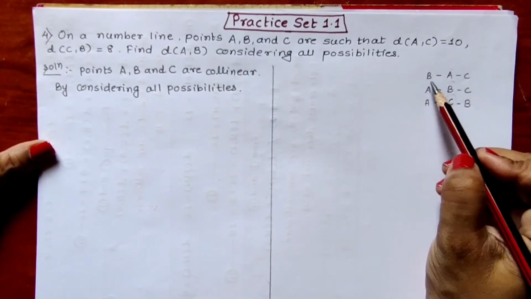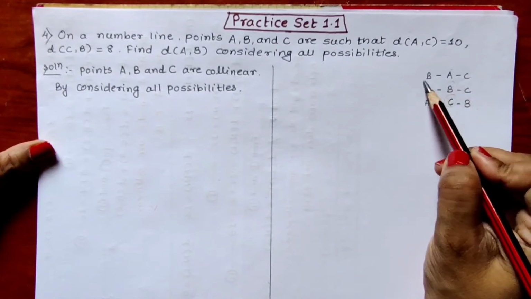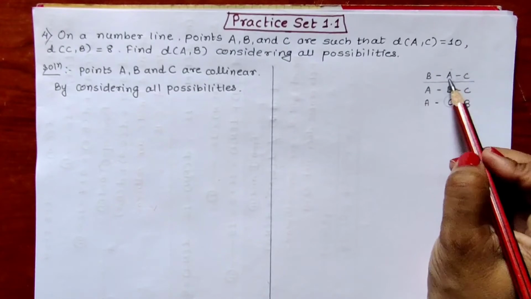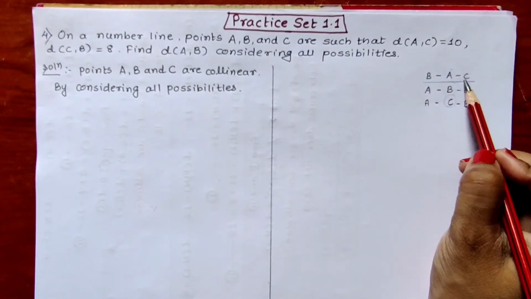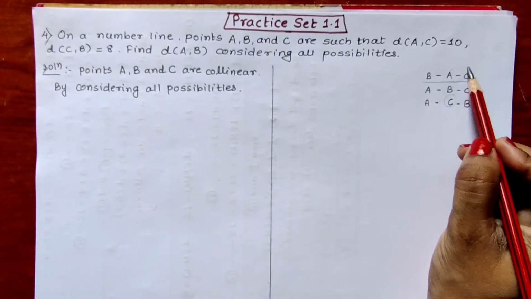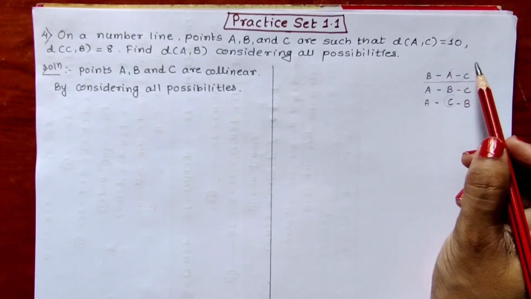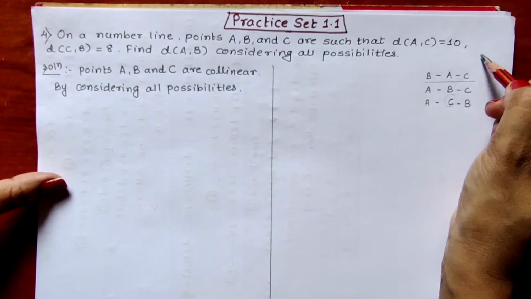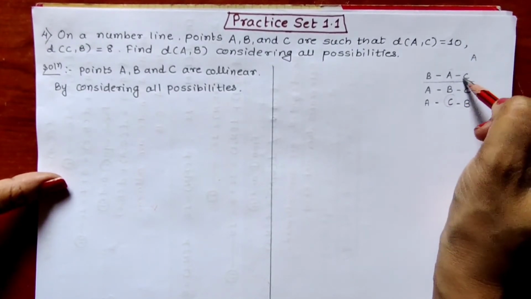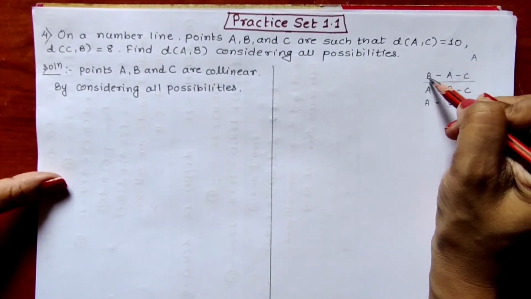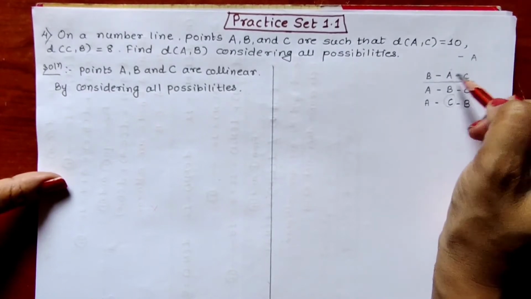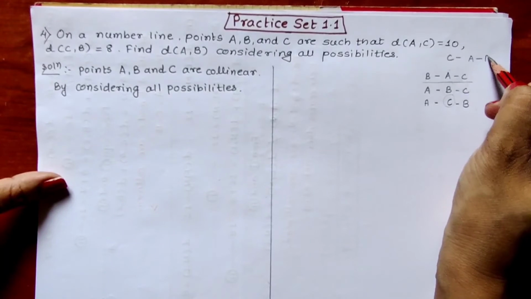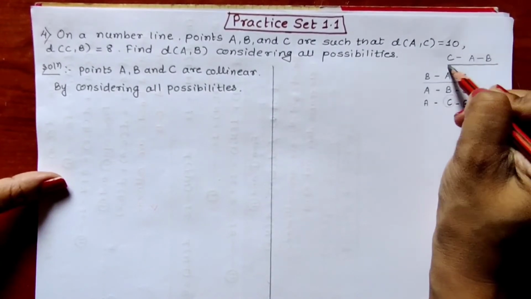In the first case, you can see that A is in between B and C. So if you interchange the end points' position, it is okay. It is one and the same thing. What do I mean to say? Point A is in between B and C. If you interchange the position of B and C, that means in place of B you write C, and in place of C you write B, it will not make any difference.